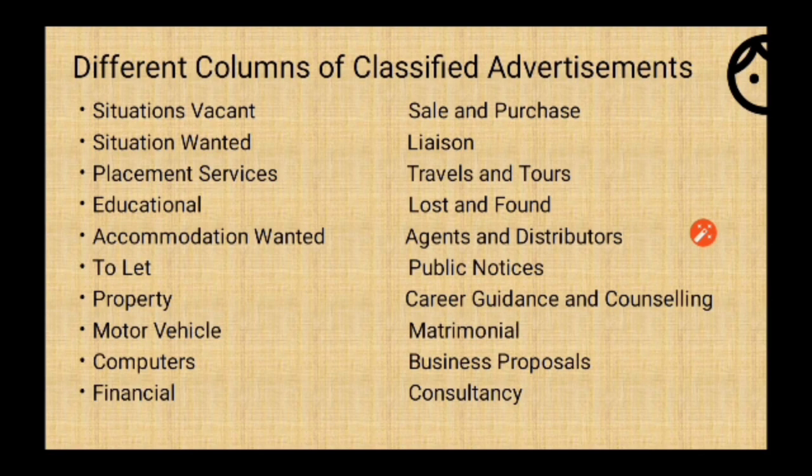Then a motor vehicle, maybe second hand, and computers, financial institutions, then sale and purchase, liaison. Liaison is actually a kind of mediator between two organizations. That is mainly for the big institutions, big organizations. They appoint a liaison to mediate between two institutions.